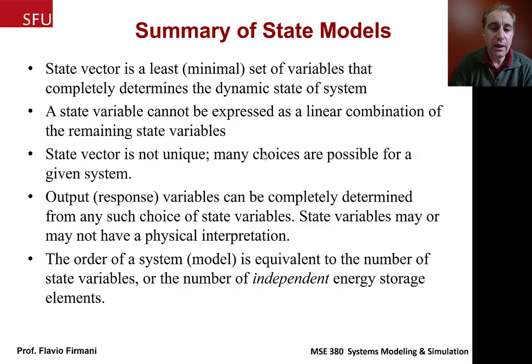So in summary, what we said is that a state vector is the minimal set of variables that completely determines the dynamic state of a system. So a state variable cannot be expressed as a linear combination of the remaining state variables. This is important to create that minimal set. Say that you have gears. A gear can be modeled as an inertia element that is turning, and then you have another gear, which is also another inertia element.